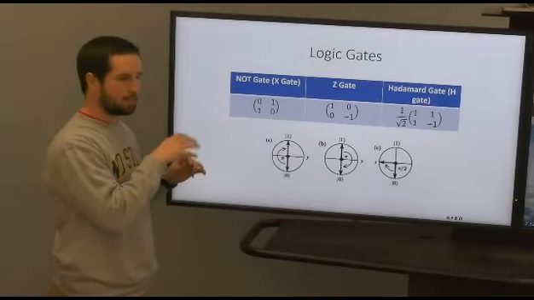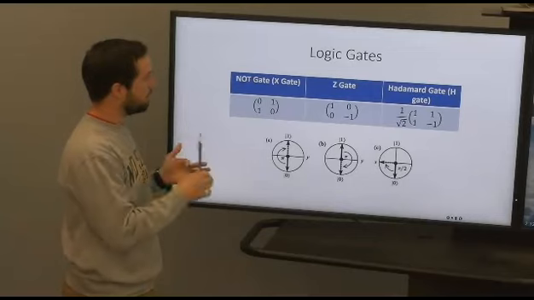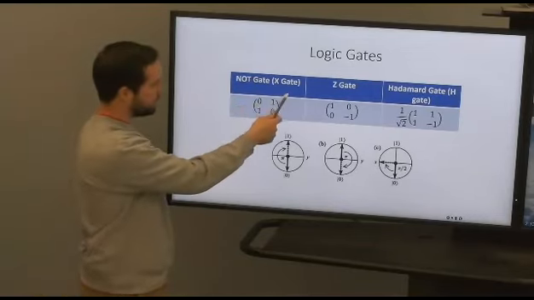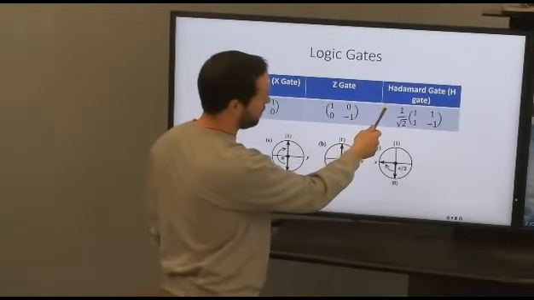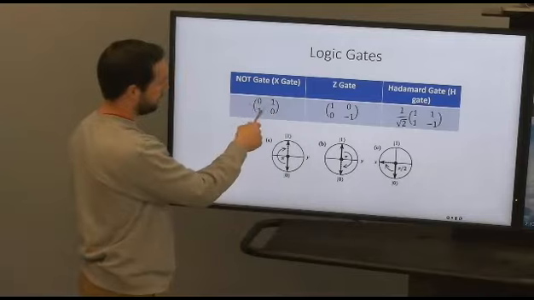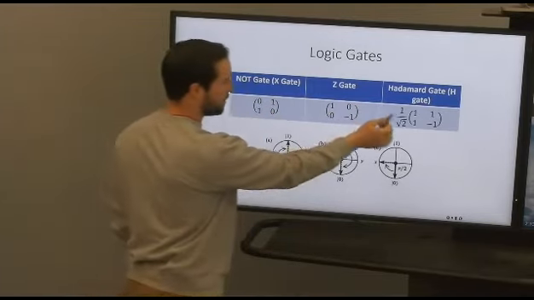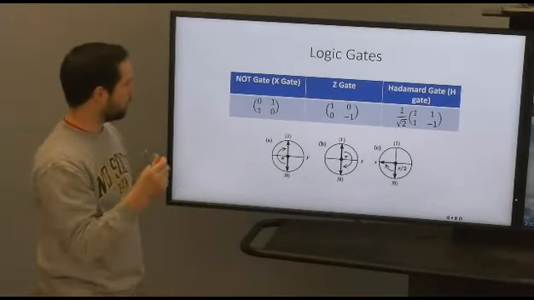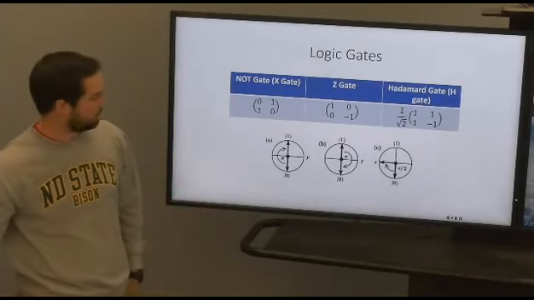On the other hand, here are some typical logic gates for a quantum system. We have a NOT gate or an X gate, a Z gate, and then a Hadamard gate, H gate. Here's the matrix form of these different gates and how they'll operate on the wave function.